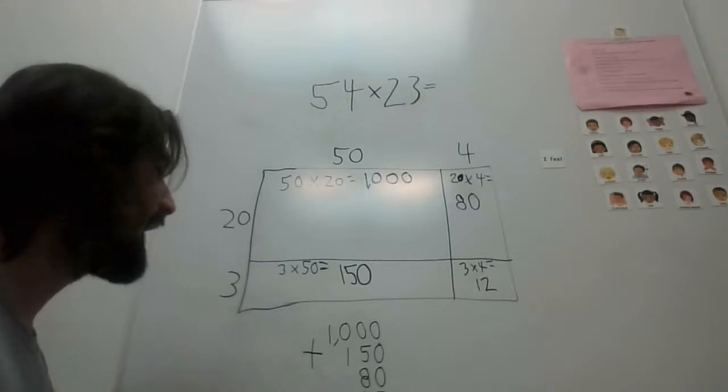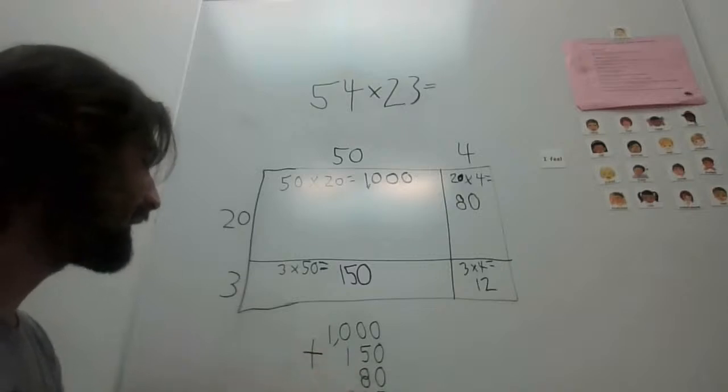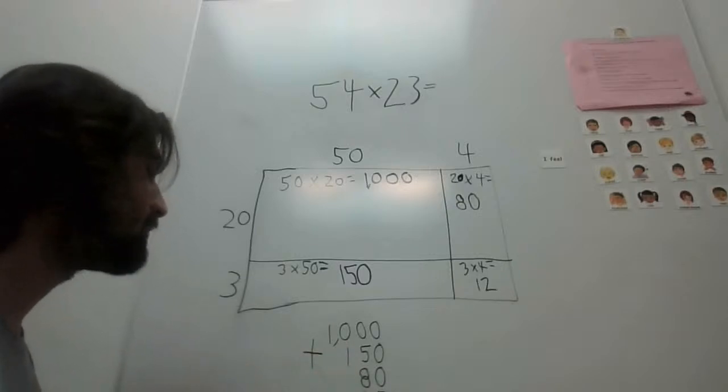Now, if you don't want to add all those numbers up at once, you can add up 1,000 plus 150, add 80 plus 12, and then add your 2 answers together.